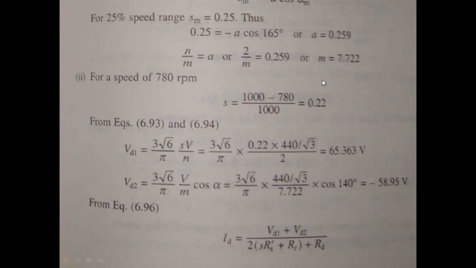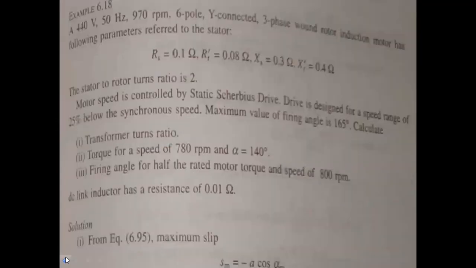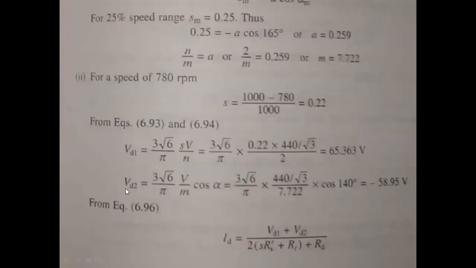Okay, so here we have a formula A is equal to N by M. The stator to rotor turns ratio is 2 here, right? So in place of N we can write 2. N is stator to rotor turns ratio.